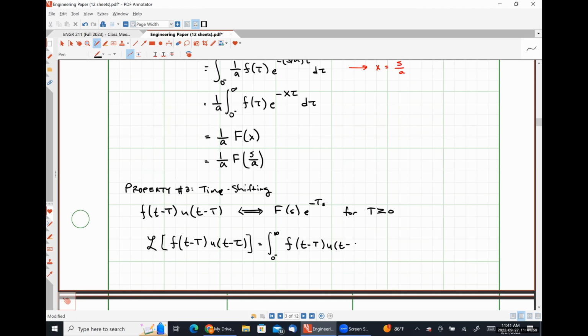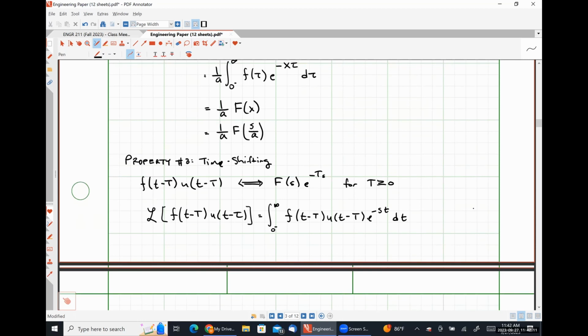I got so used to writing taus that I can't stop. Once again, we're going to say that our unit step function is going to look like 1 over our interval of interest because we're dealing with a causal system.